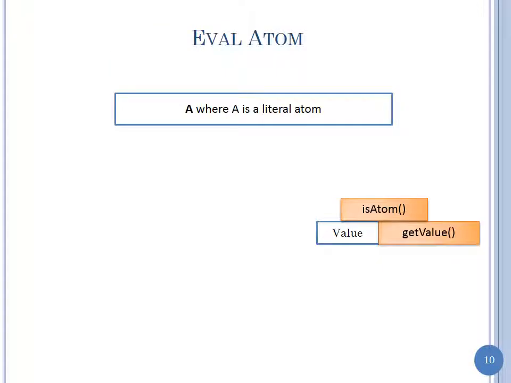So now we get to the more conceptual, or detailed, part at least. How would you evaluate an atom? We know an atom has a value component and we have a get value method here. So what is the general algorithm? What do you think? This is a part that you haven't seen. This is a part that Andrew's interpreter implements, but you've used this from other expressions. So what should eval of A do?